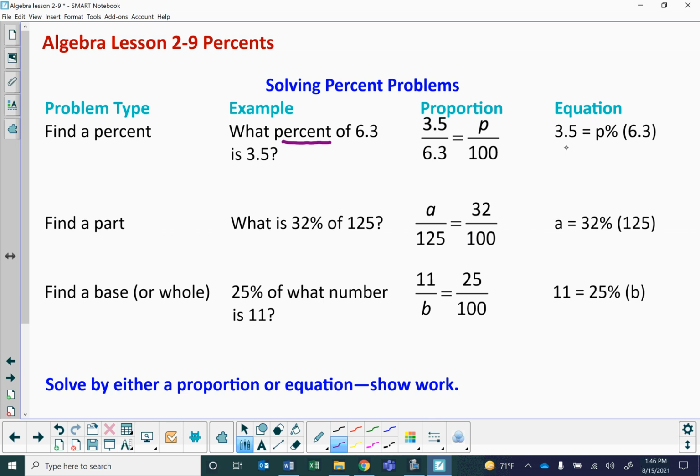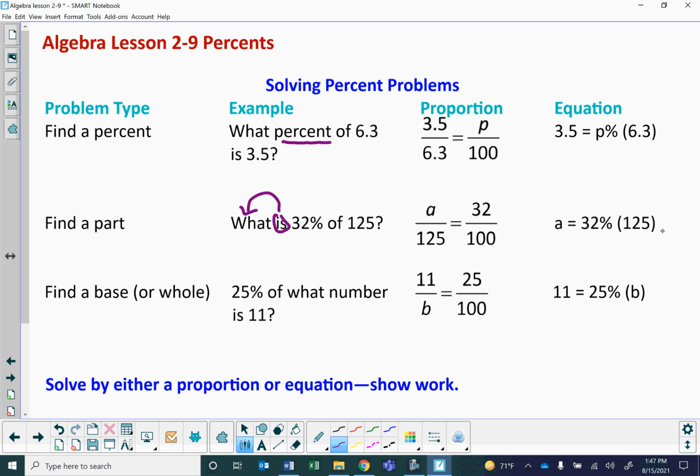If you're finding a part, what is 32% of 125? Part is on the top, okay. What is, that's why the A is on the top here, of 125, 32 over 100. Or we could say what is A equals 32% of 125.